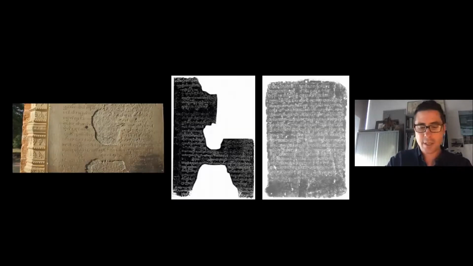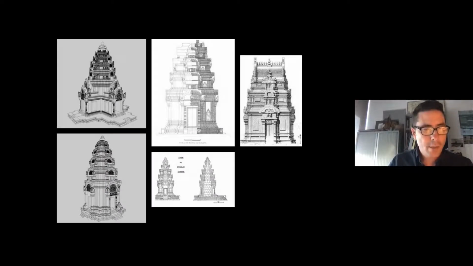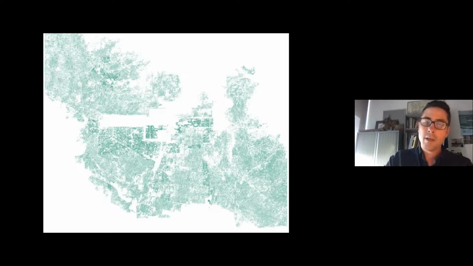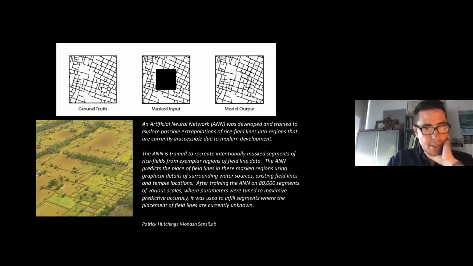But the inscriptions, if they were recorded in stone, would be recorded on the door jamb just inside the shrine there. So we have all these fields which were once named, but of course they're really fragmentary.